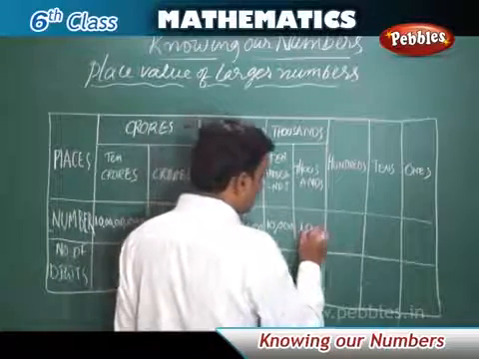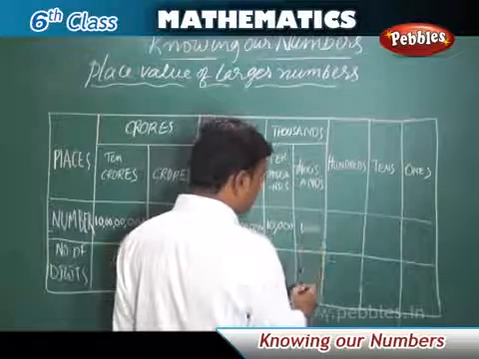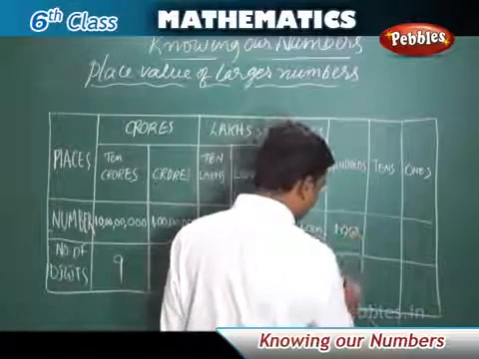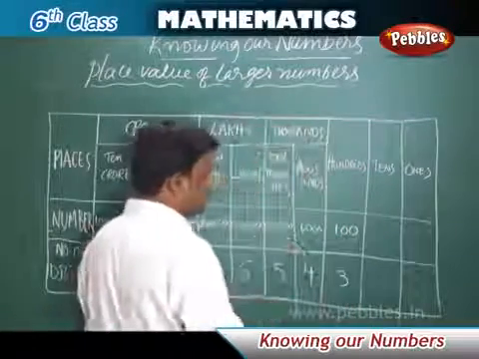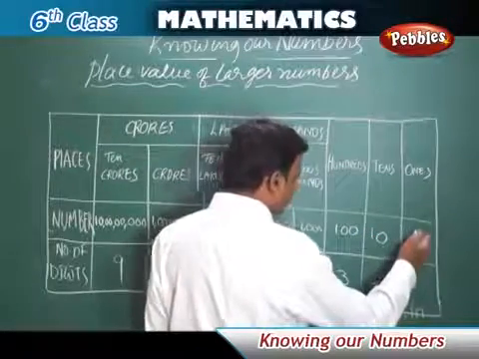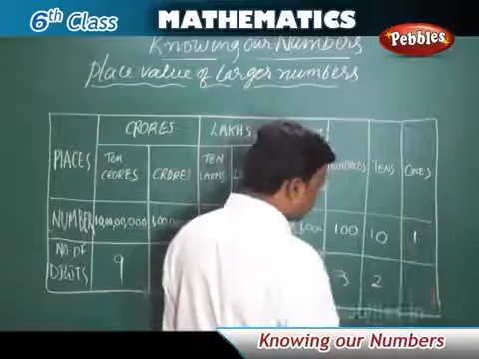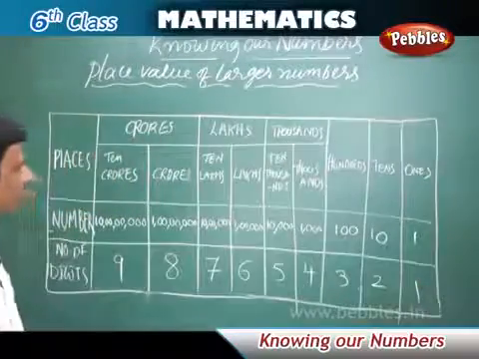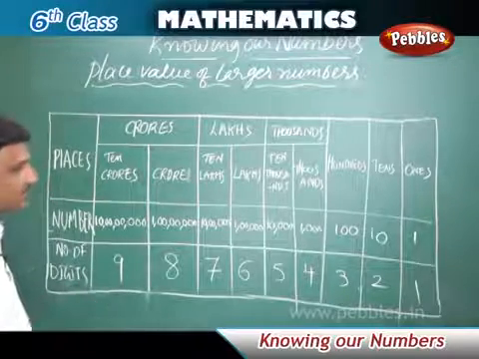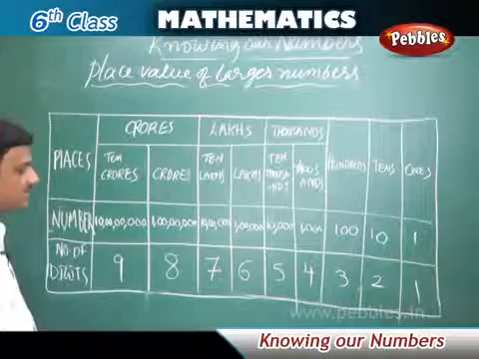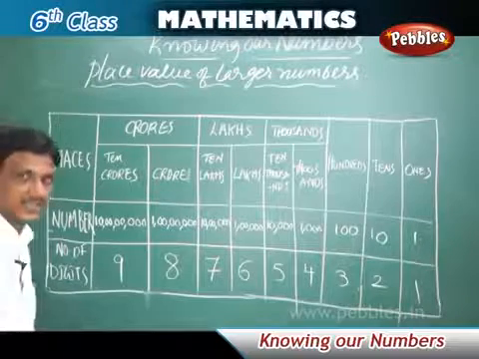And thousands: 1, 0, 0, 0. So the number of digits is 4. And hundreds: 1, 0, 0. Number of digits 3. And tens: 1, 0. Number of digits 2. And ones: 1, and number of digits 1. So these are the larger numbers and their place values. So these are the larger numbers and their number of digits.